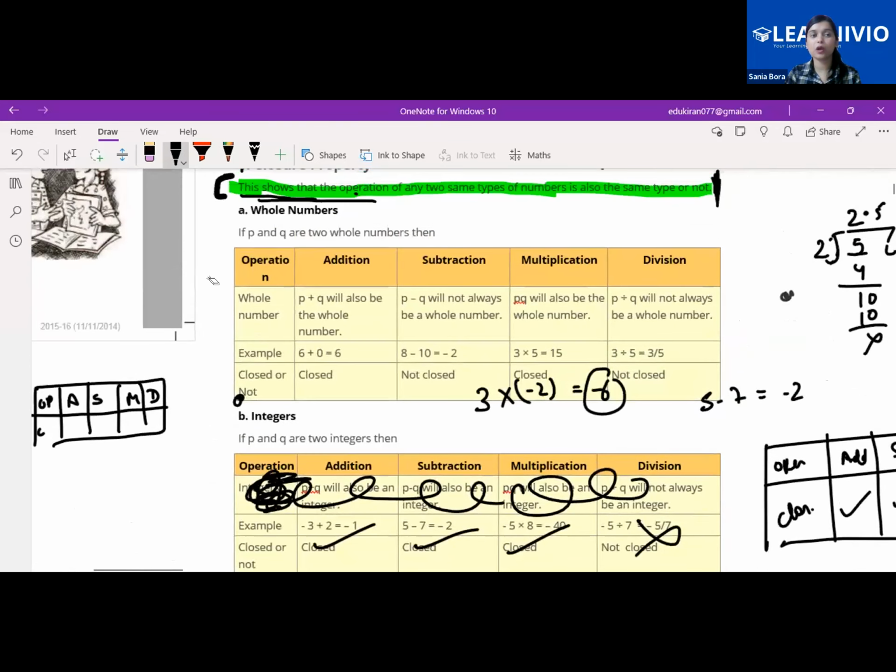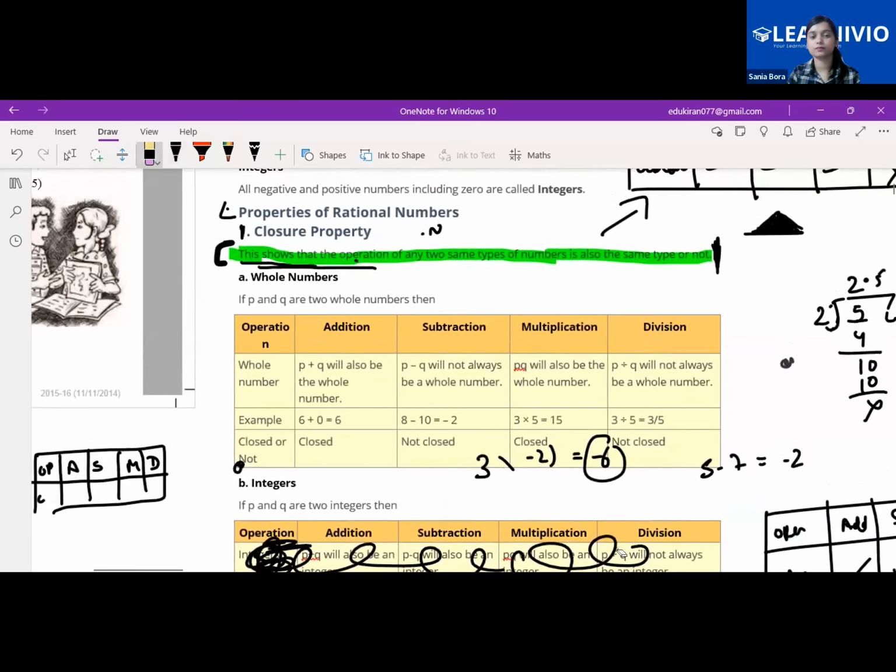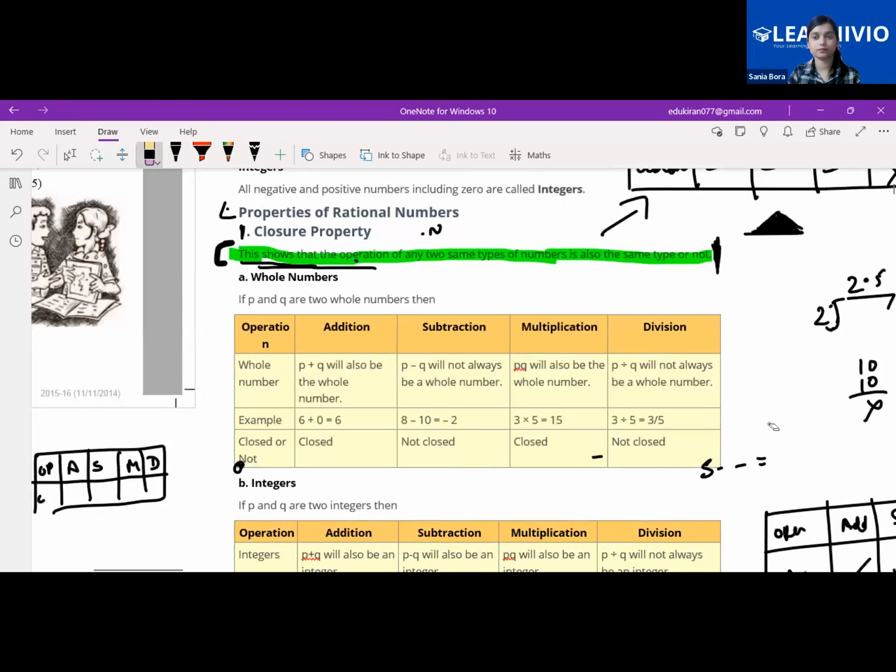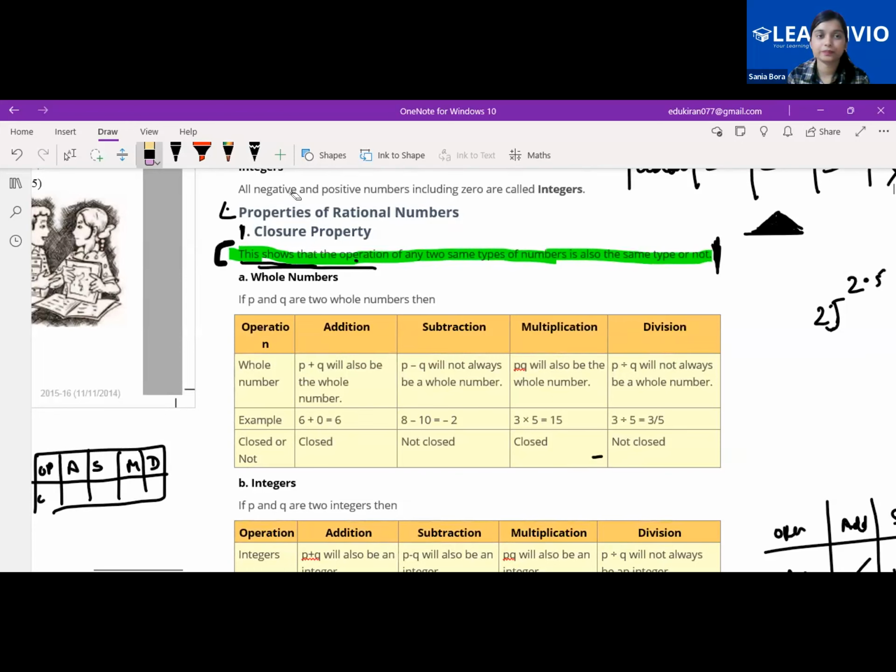Anyone who has any doubt how to make the notes? If you have a doubt, let me know. I'll explain again. Ma'am, how do you do the table? See, first write properties of rational numbers, then closure property and write the definition.